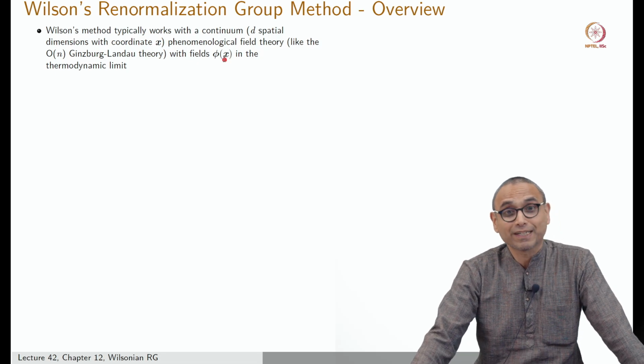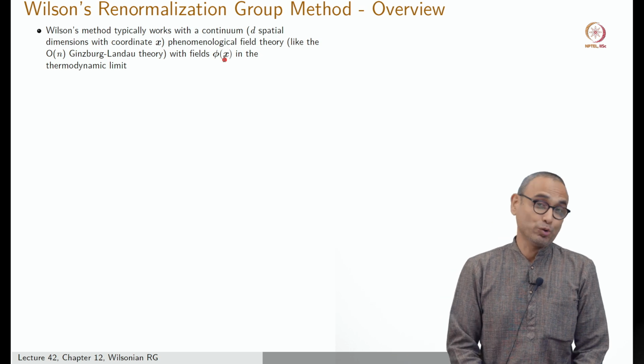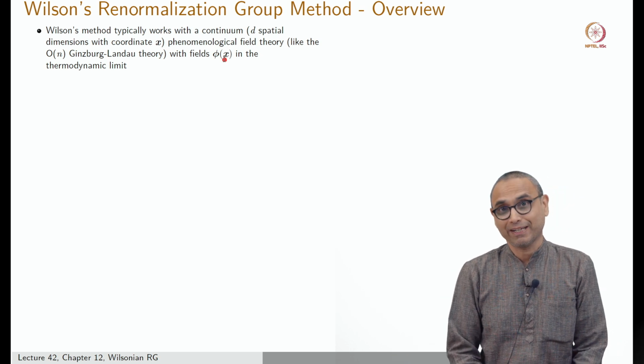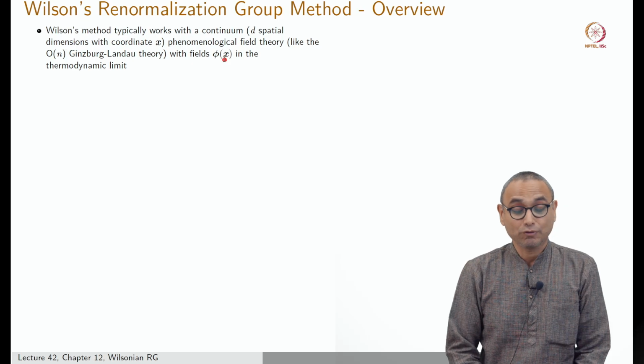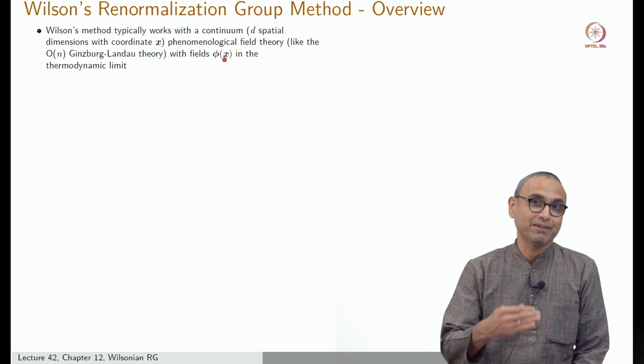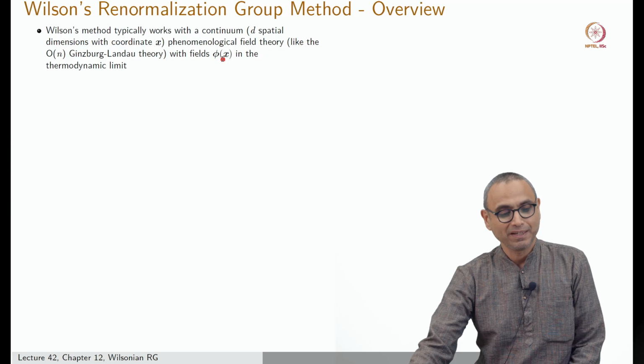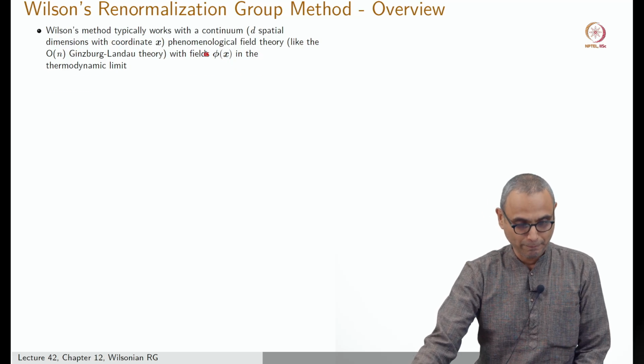We always work in the thermodynamic limit because, as you know, if you work in a finite system, you will not have any singularity of the free energy. So we have to work in the thermodynamic limit, and I will try to indicate where this thermodynamic limit will become important.